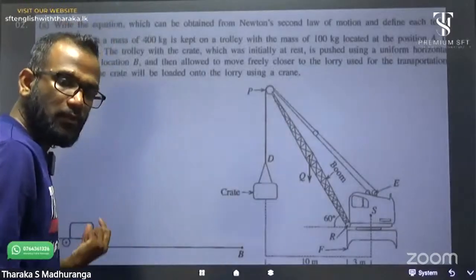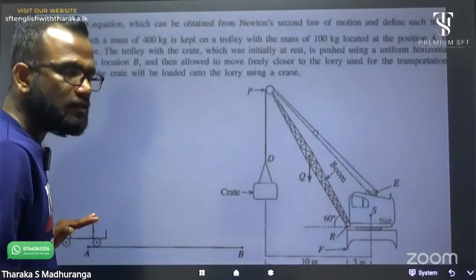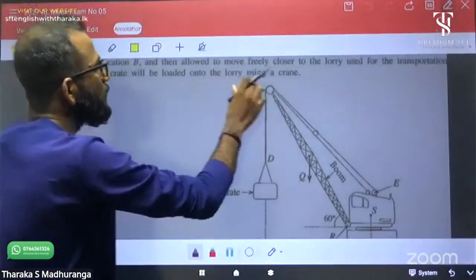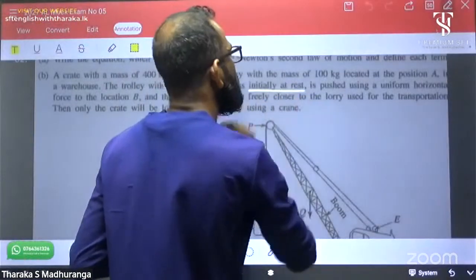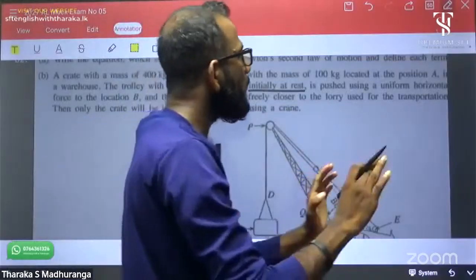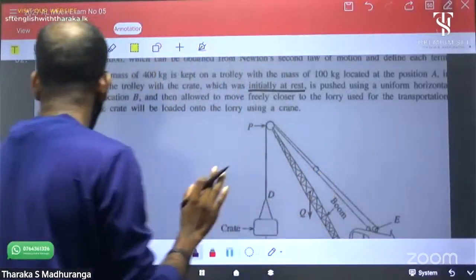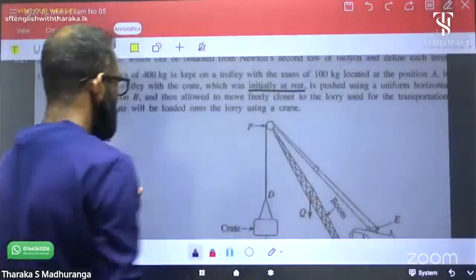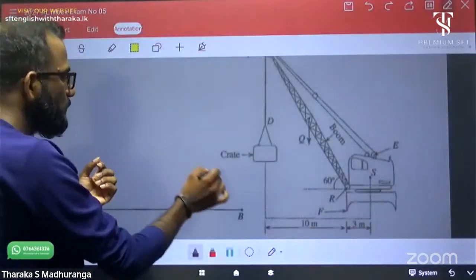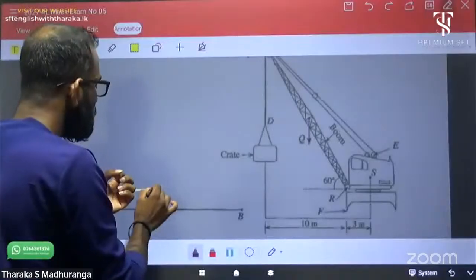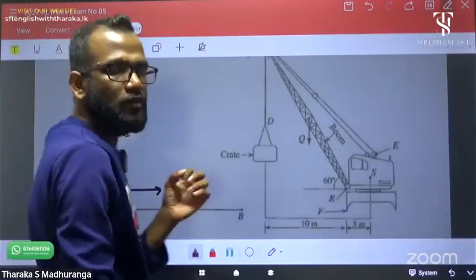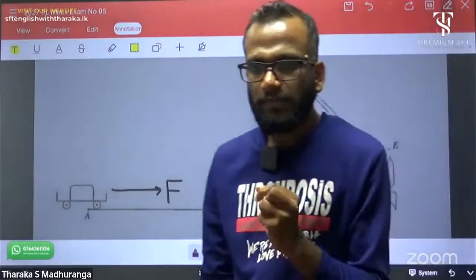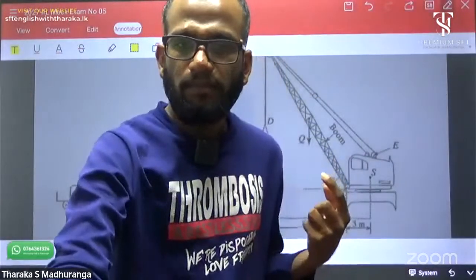Both objects are initially at rest, which is very important. It is pushed by a uniform horizontal force to location B. From point A to point B it is pushed by a uniform horizontal force.